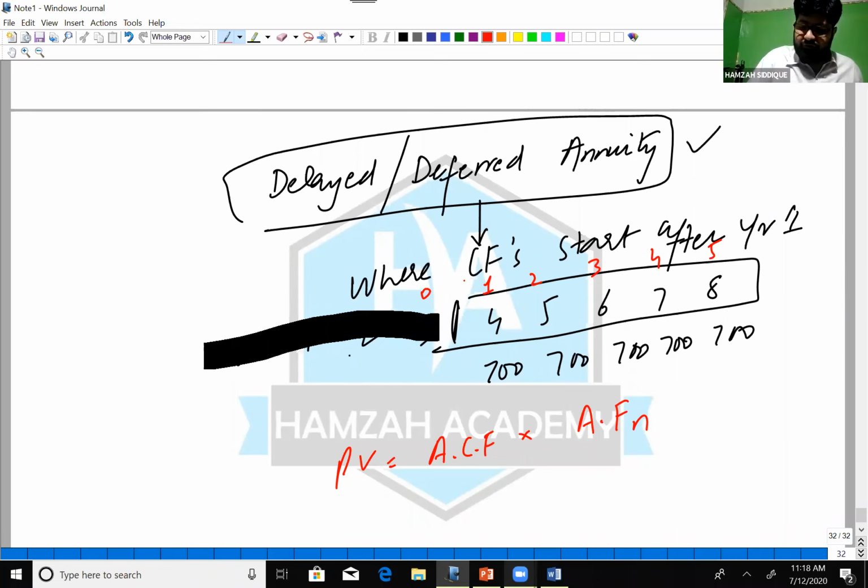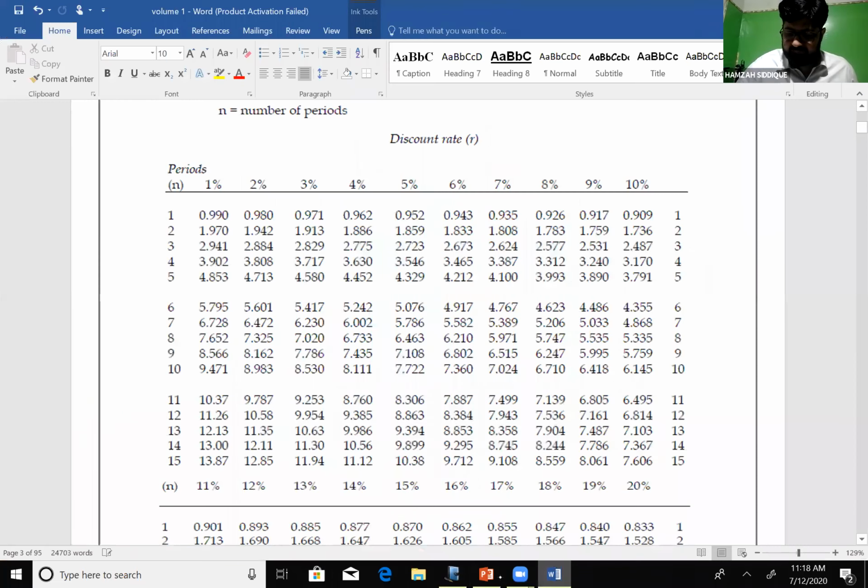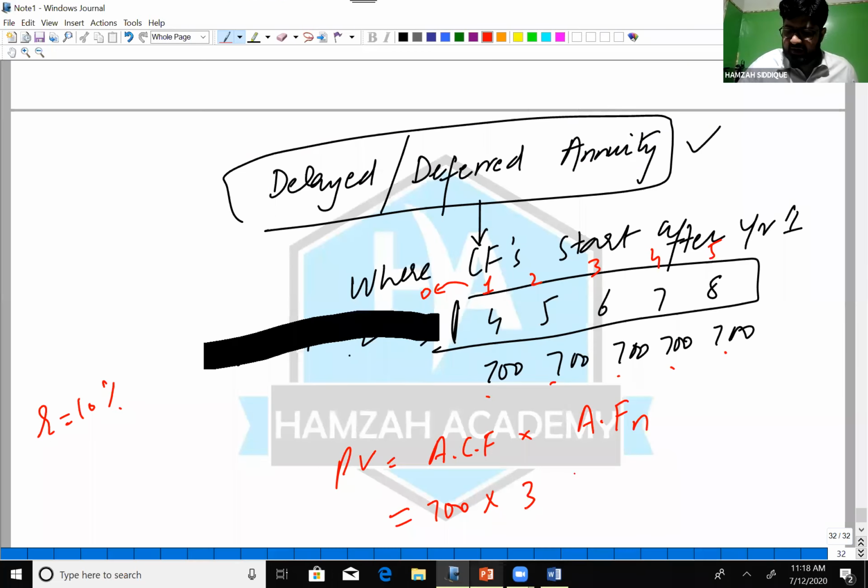So the answer will fall over here, at year 0. Let me solve it. 700 cross the annuity factor at 10% for 5 years, 5 cash flows: 1, 2, 3, 4, 5. So it is 3.791.